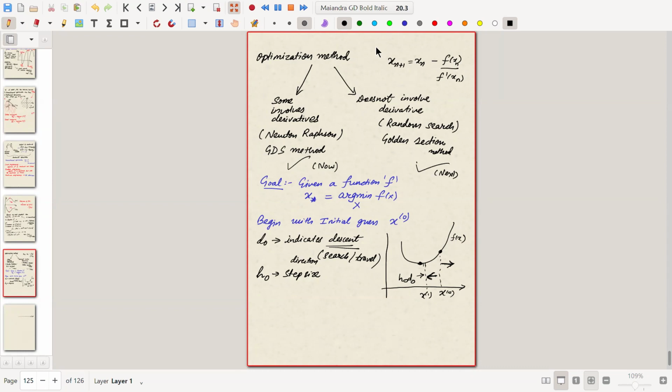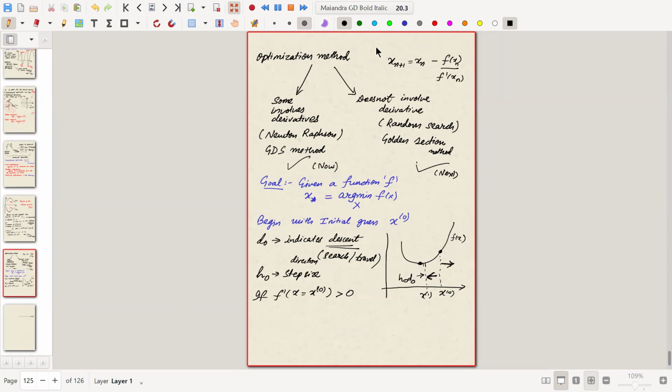What I want you to do is carefully visualize the function I drew. Suppose f prime at x equals x naught, that is at your initial guess, is greater than 0. What does it mean? It means your f is increasing, right? If the derivative is greater than 0, it increases. That's the very first definition of derivative.